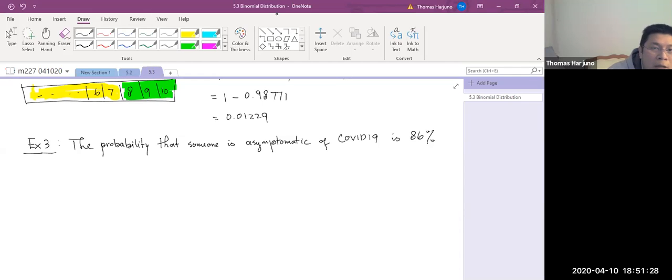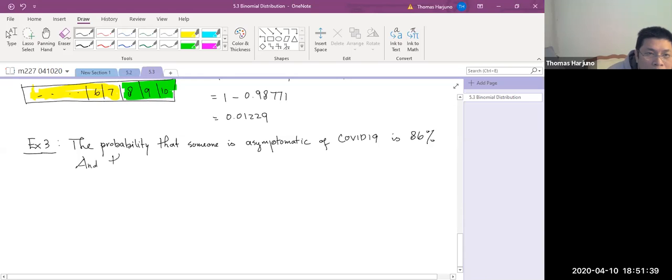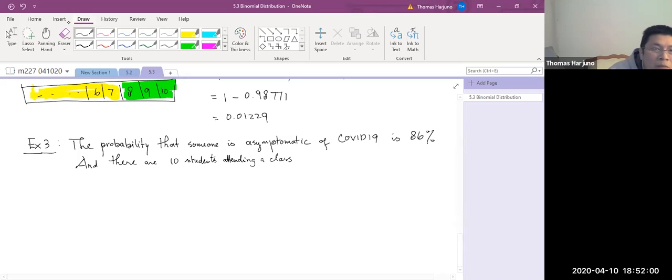Okay, let's come back. Suppose the probability someone is asymptomatic with COVID-19 is 86%, and there are, let's say, 10 students attending a class. For now, let me change it to 20.